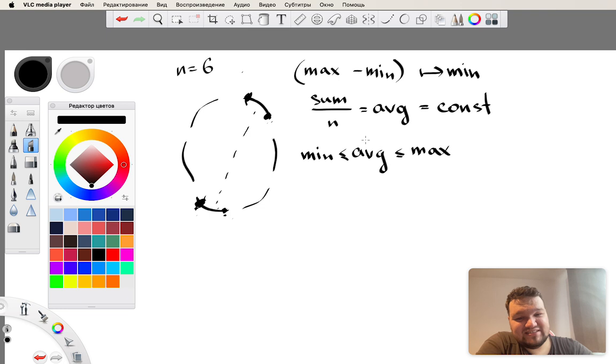And that means that technically we can just try to minimize the maximum and maximize the minimum. That is true in general, but when we have something in between, it's easier to look at.